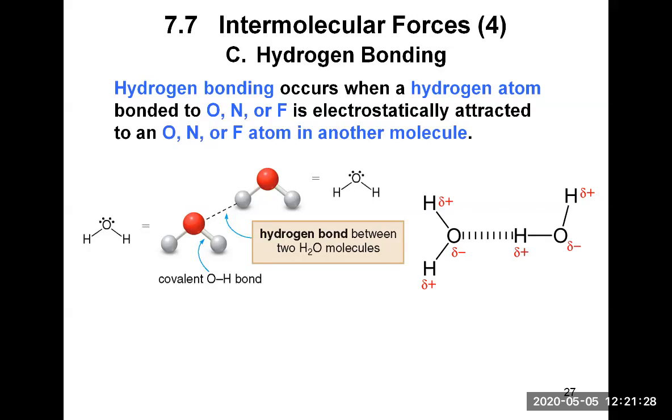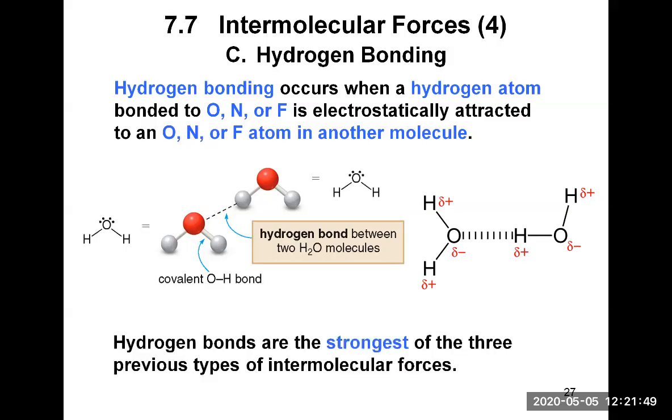And so it's illustrated this way to show that it's not a bond, it's an attraction. Those dashed lines represent attractions, not bonds. And so because of that, water will orient itself and will be more stable. Hydrogen bonds are the strongest of the three previous types of intermolecular forces.